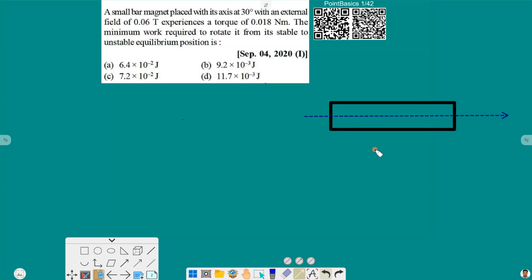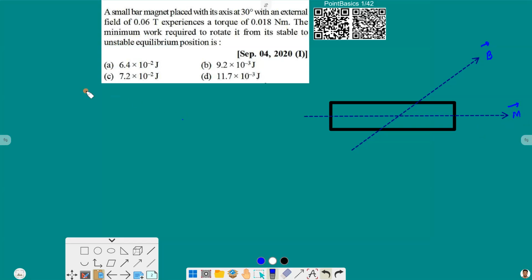Now it is mentioned this magnetic dipole moment makes an angle of 30 degrees with the magnetic field. So the magnetic field will be something like this. So this is B and this is the magnetic dipole moment of the magnet.